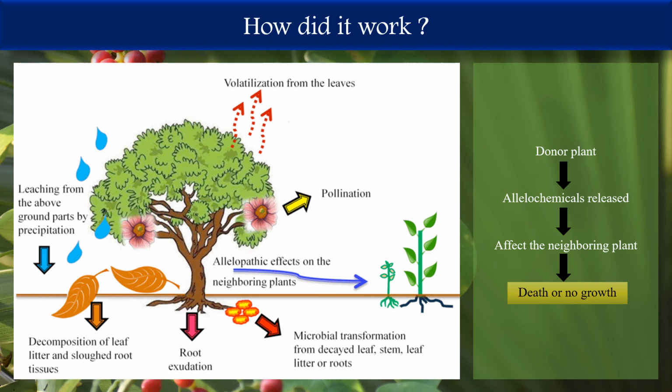These are the certain factors: volatilization from the leaves, then pollination, microbial transformation from the decaying leaves, stem, leaf litter and roots, root exudation, and leaching from the above-ground parts by precipitation. These are the factors by which allelochemicals are released.